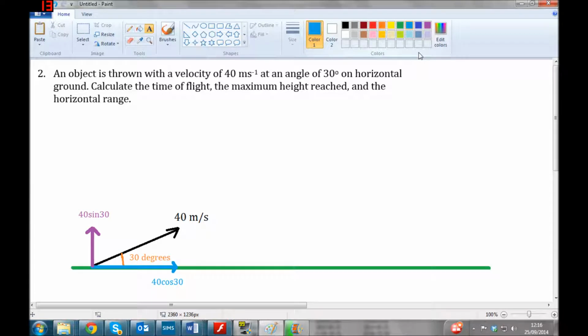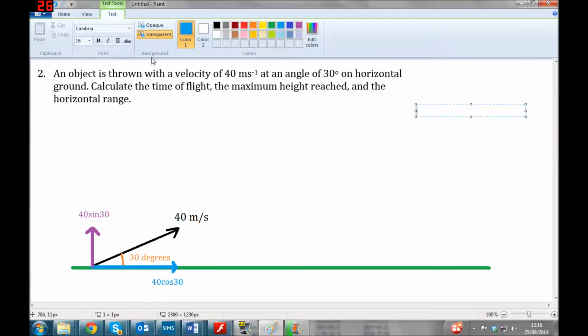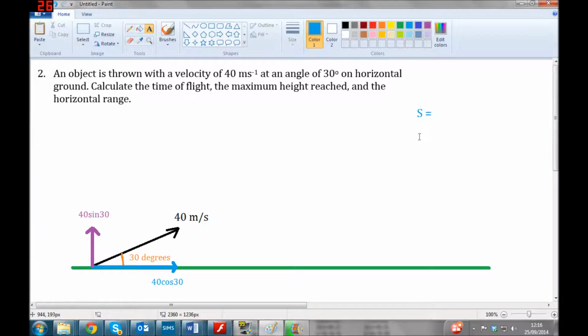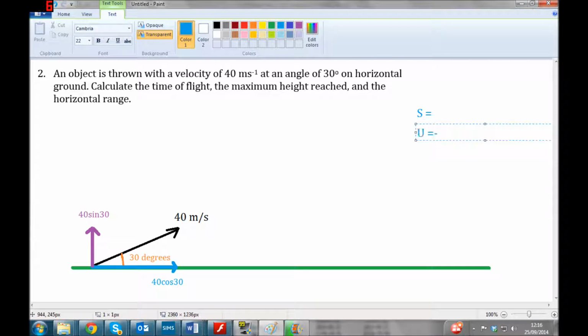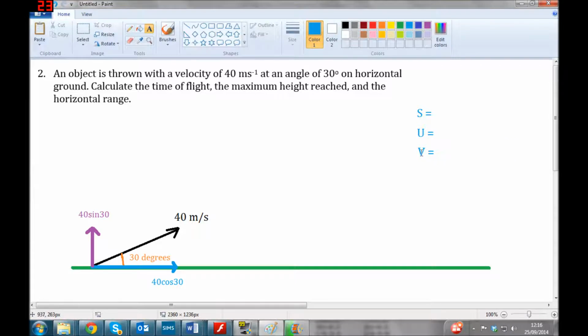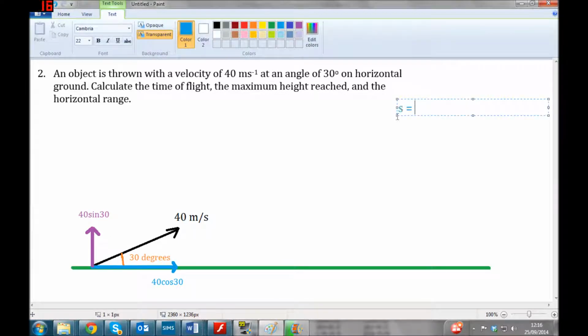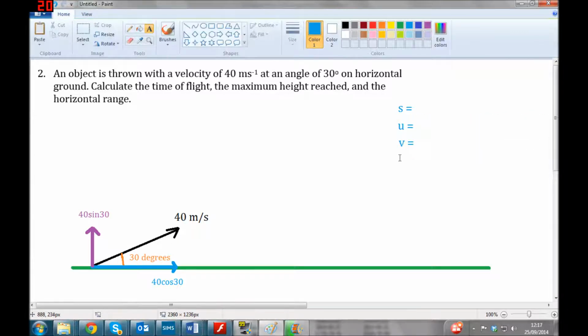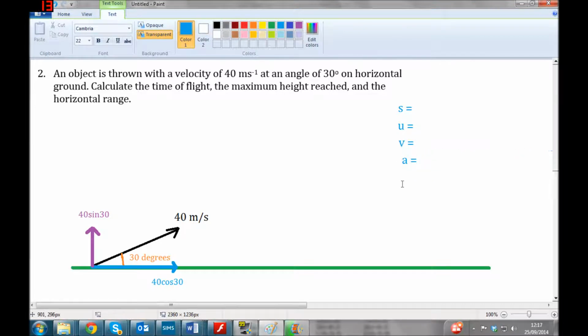Let's do the horizontal and the vertical. So I'm going to have to do, let's see, s equals, u equals, v equals, a equals, and t equals.